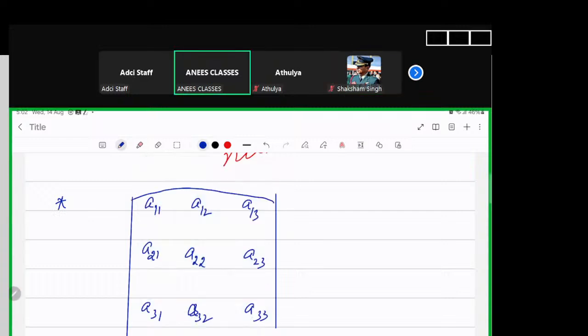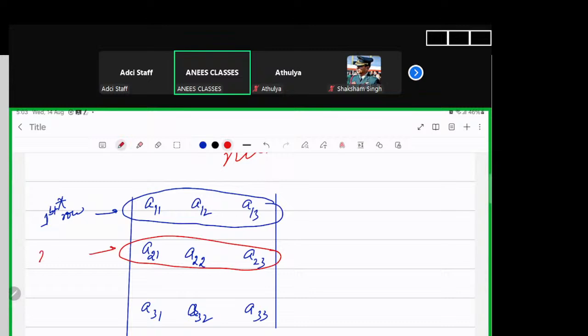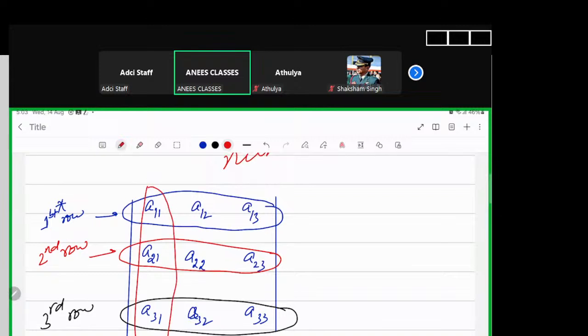So this horizontal line is the first row. This horizontal line is the second row. This horizontal line is the third row. This vertical line, top to bottom.